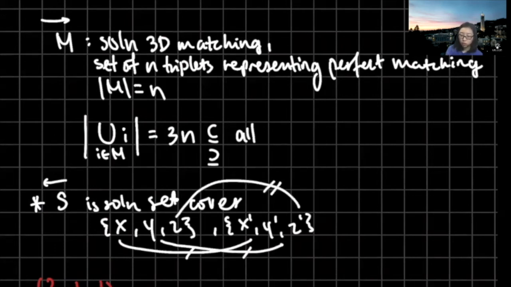This is great because once we convert each of the sets in S to a tuple, it's a solution to our 3D matching, because every element is only in there once and the union covers all of the elements.